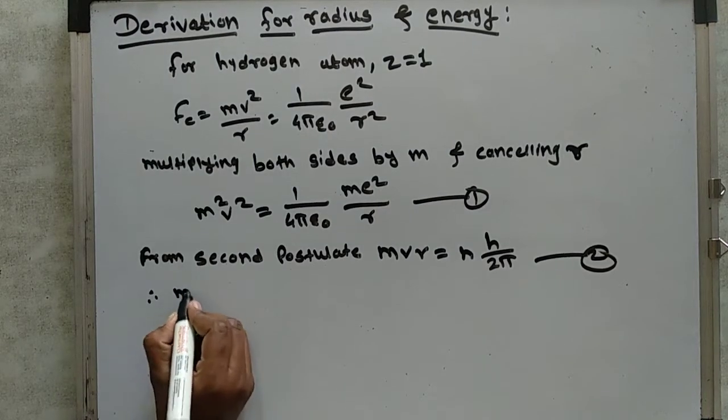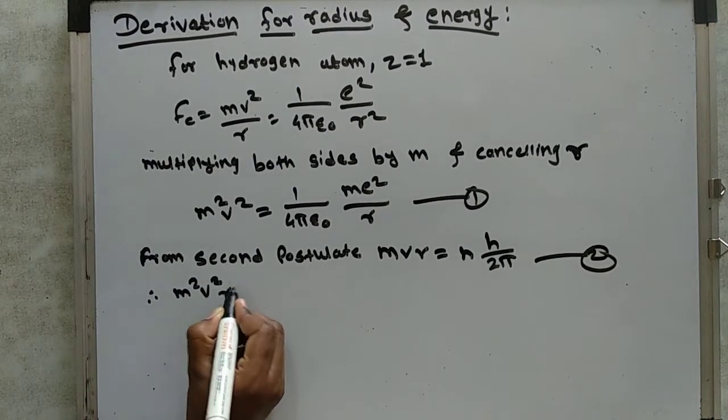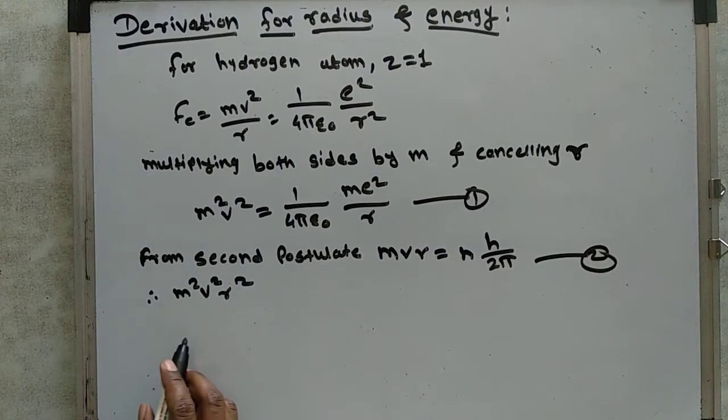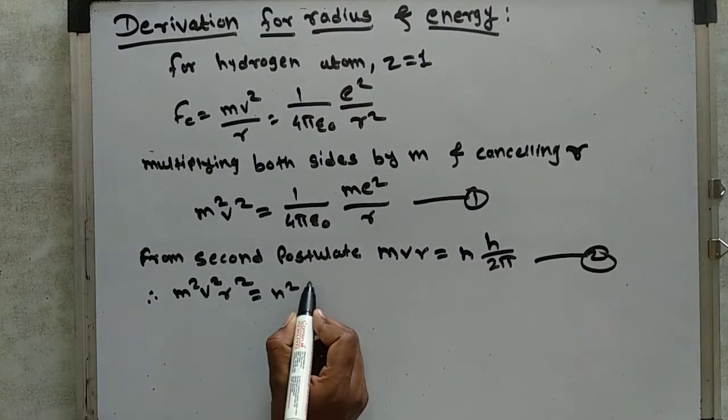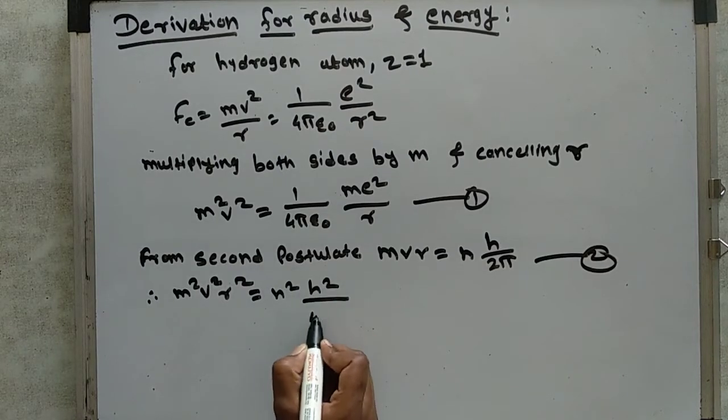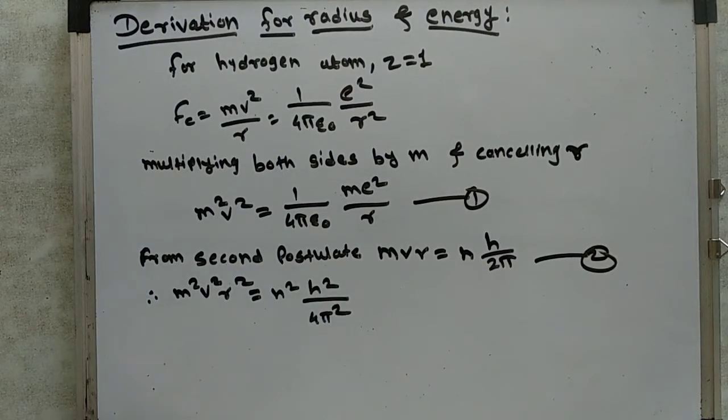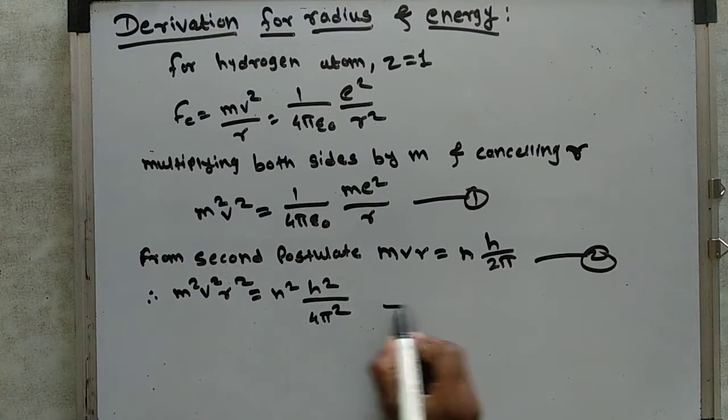Therefore, m square v square r square is equal to n square h square upon 4 pi square. Equation number third.